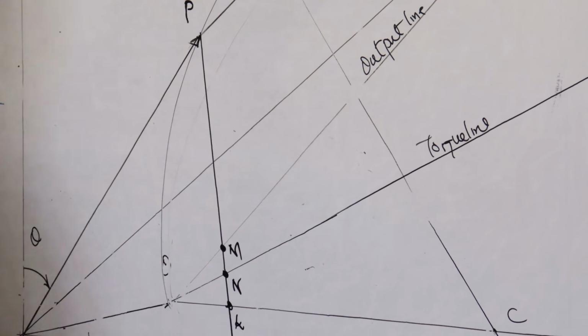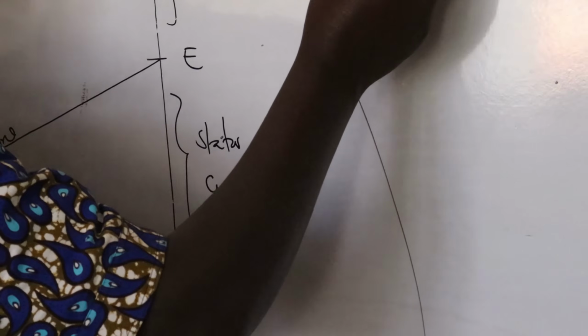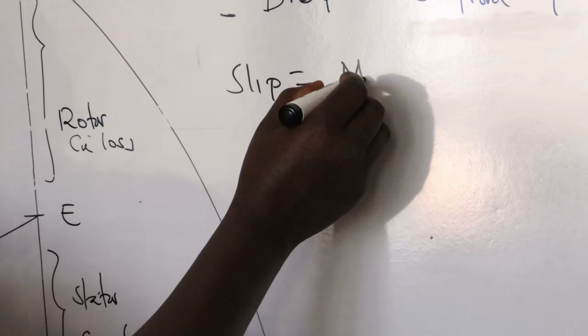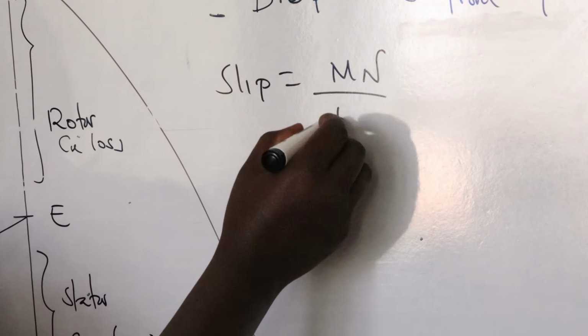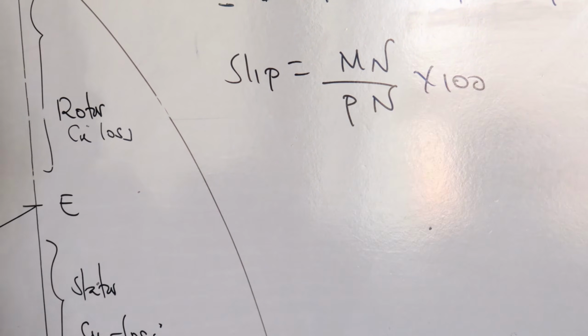So what is the slope? Slope is equal to MN over PN. If you want, you can do it by 100.